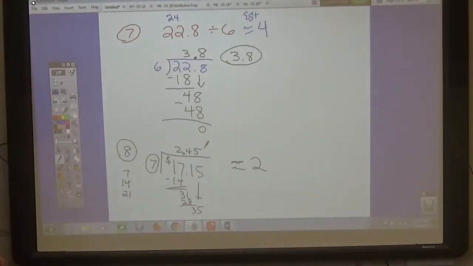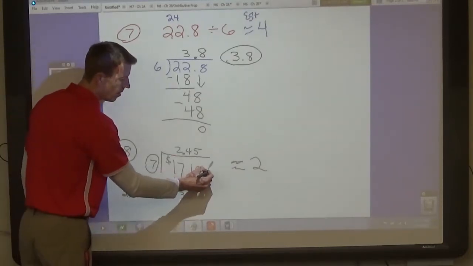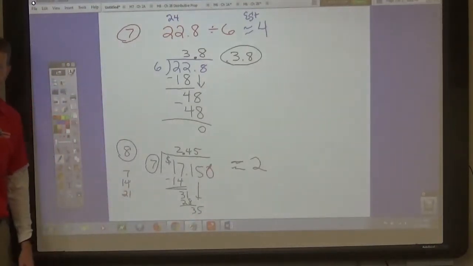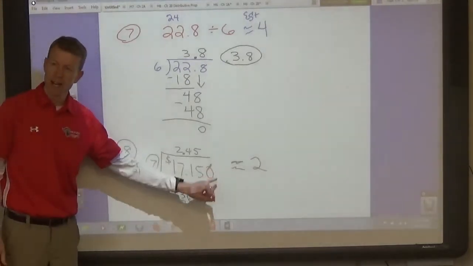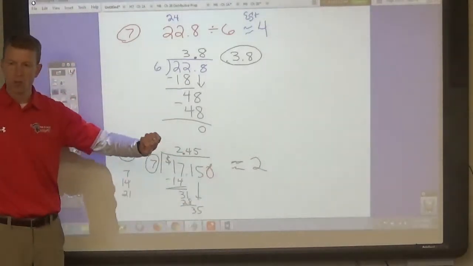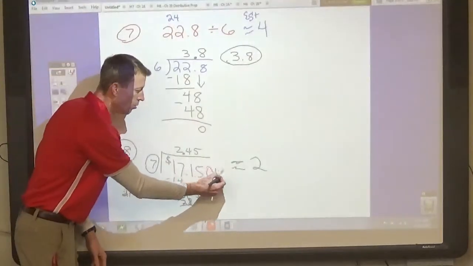But what if you did get a remainder? You know what you would do? No, you don't round. You put a 0 there. Now, if you do this and you keep dividing, you'll only have to do 2 zeros.